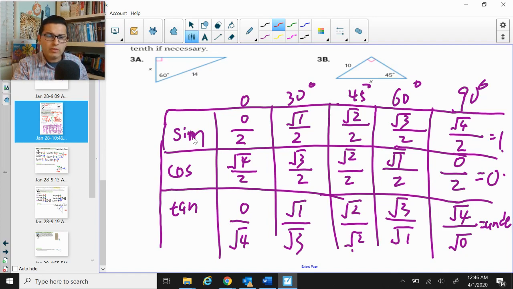So if you have sine of 0 degrees, you get 0 divided by 2, which is just 0. Or if you want sine of 30 degrees, you get square root of 1 over 2, which is just going to be 1/2, because square root of 1 is just 1. Or if you want to get crazy with it, let's do cosine of 45 degrees. We'll get square root of 2 over 2.